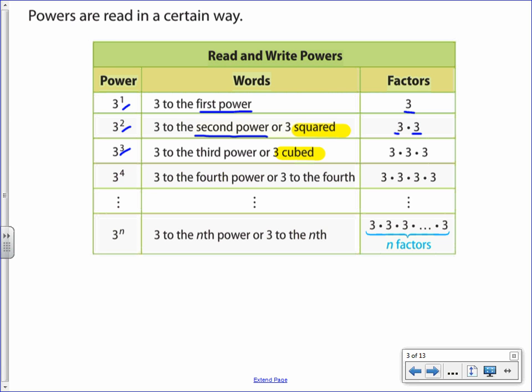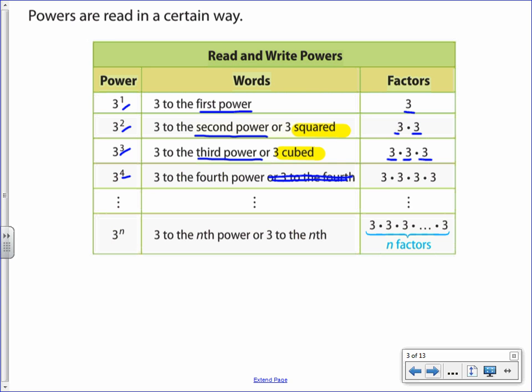And third power means 3 factors. 3 to the fourth power, or 3 to the fourth, I don't like that at all, so I'm going to just cross that off. My preference is to the fourth power, to the seventh power, to the ninth power, whatever it is.